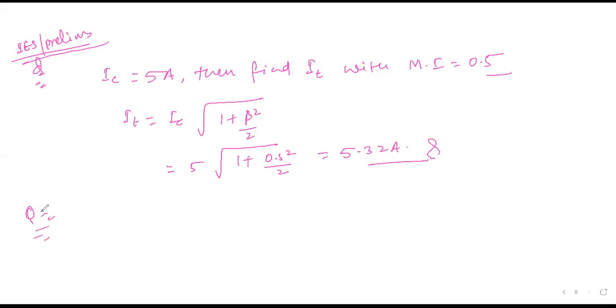Right, second question. This is a question from GATE. An AM transmitter current is given by 10 ampere with 40% modulation index.